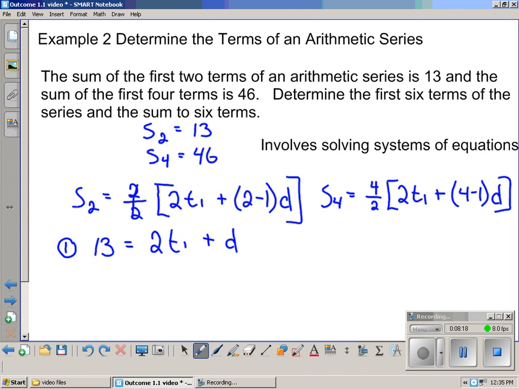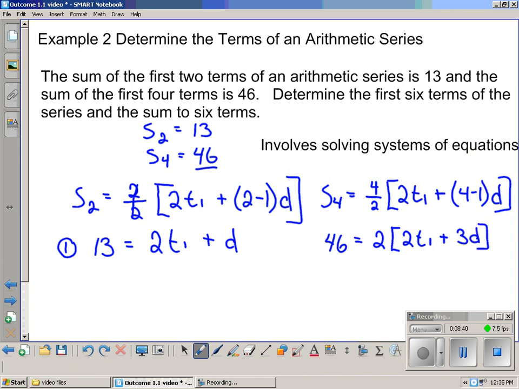My second equation is going to come from the fact that the sum of the first 4 we know is 46. So I have 46 equals 4 divided by 2 is 2. And then my brackets simplify to be 4 minus 1 is 3d.